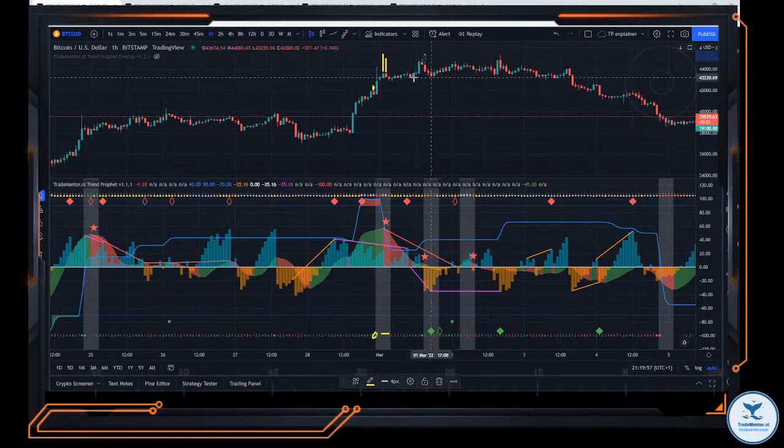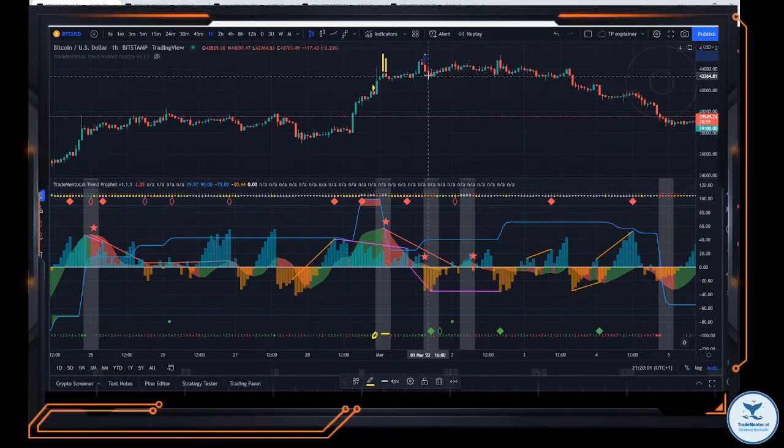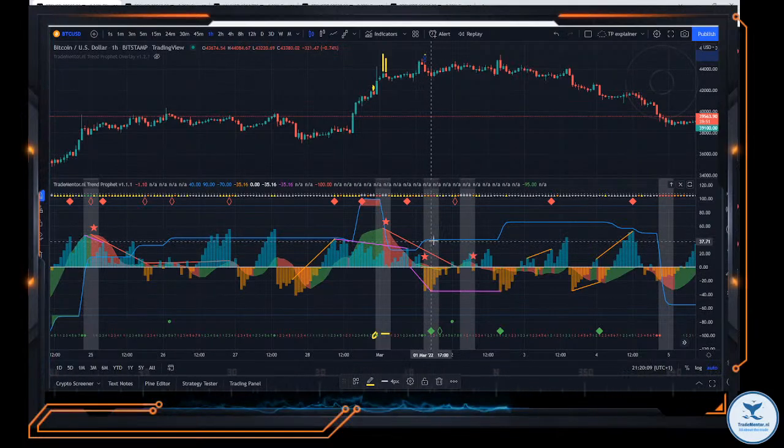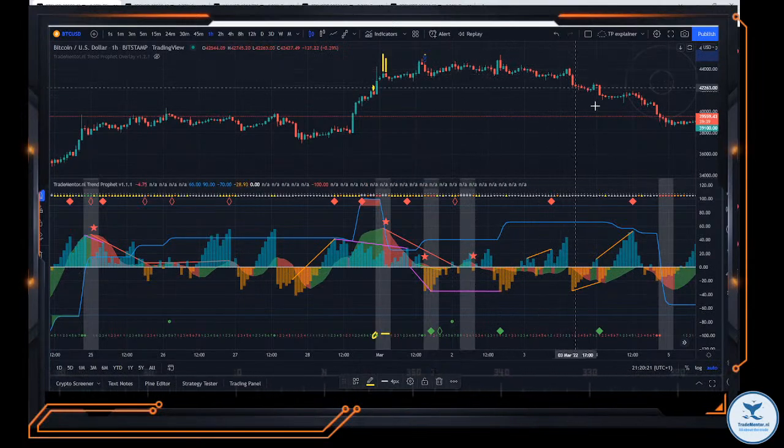Well, if you want to see what goes on afterwards, you had this dip in the trend strength, but it didn't cross to zero yet. It just went sideways, sideways, even got a bit of an increase here. But the trend momentum was continuing to be down. So there was more effort being put in to push the price down than there was effort being put in to push the price up.